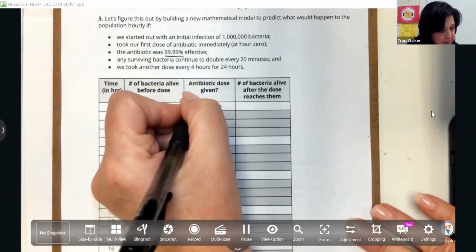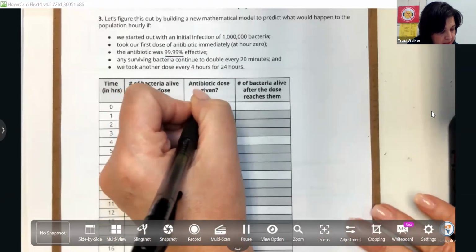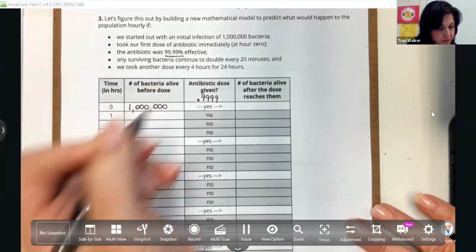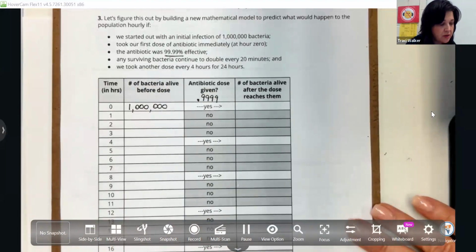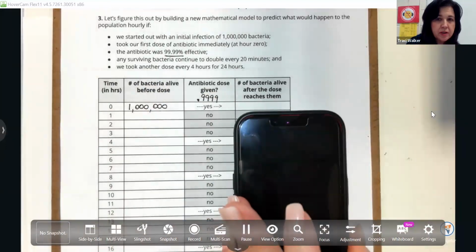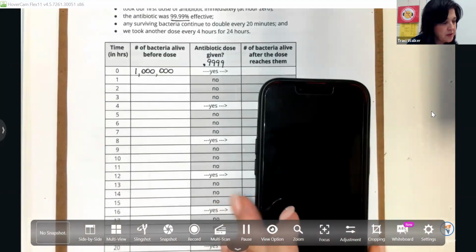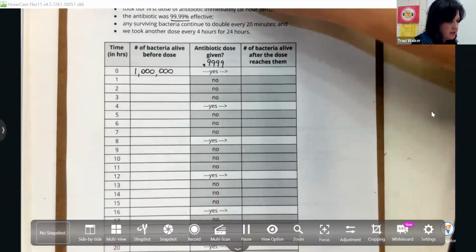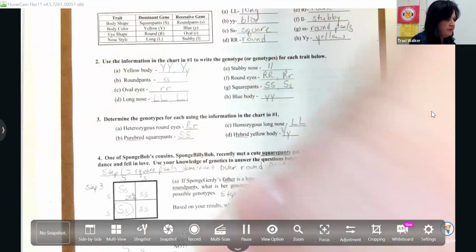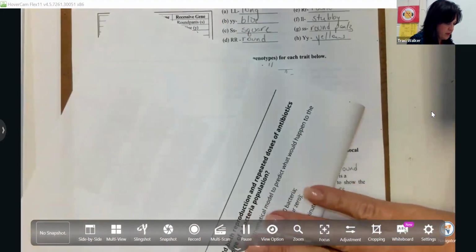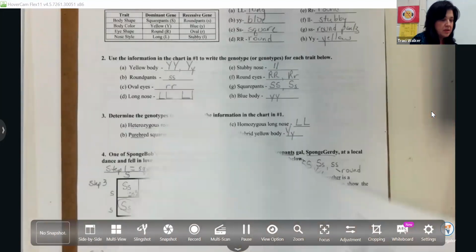So the number we're going to be multiplying by is 0.9999. Okay, so I'm going to show you my calculator as we work through this. Let me fold this down because this is a long chart.